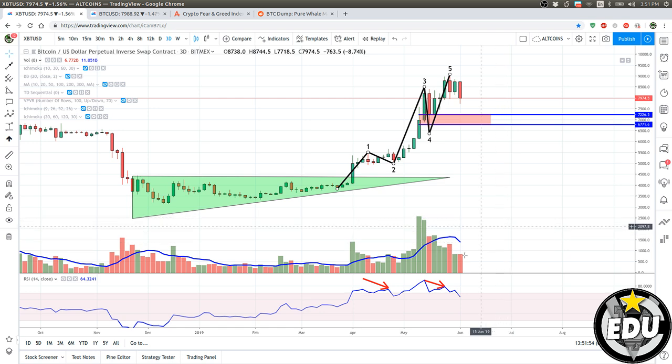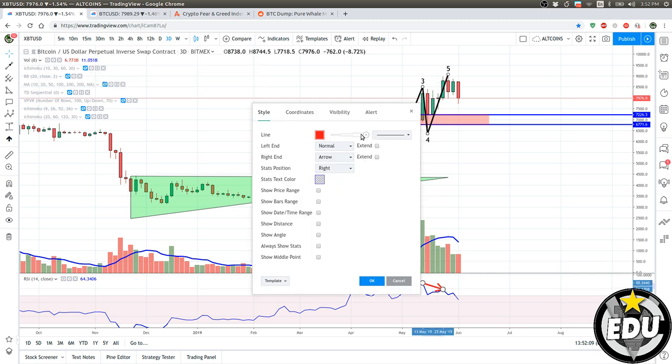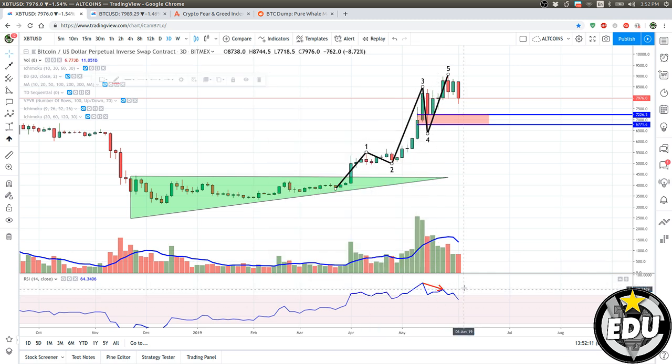This is the 3-day time frame, and actually we have a bearish divergence on the 3-day time frame, which we didn't have on this level. On the first wave, we actually have a bearish divergence on the 3-day time frame, which is another important indicator.